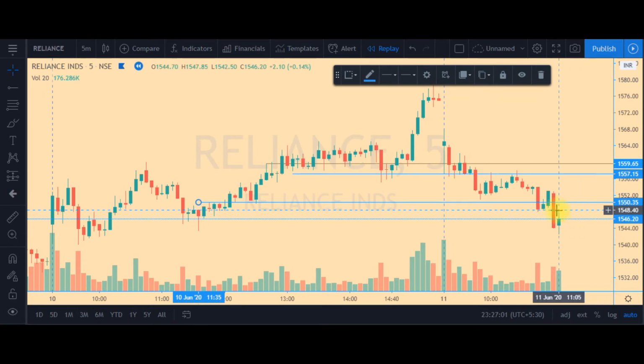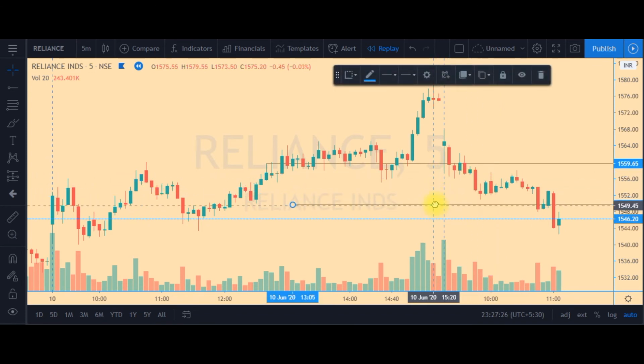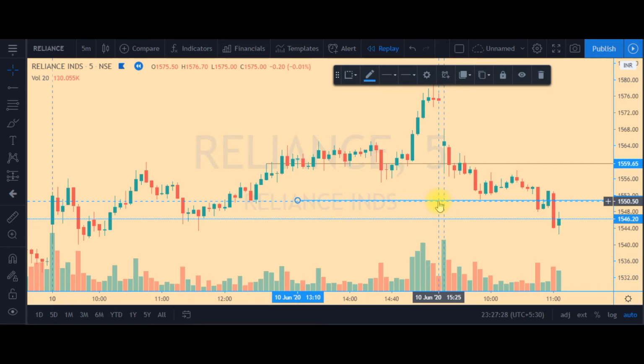After this big bar, and after these two big bars, I noticed further downward momentum. And what I did is I planned my second trade, somewhere the same.